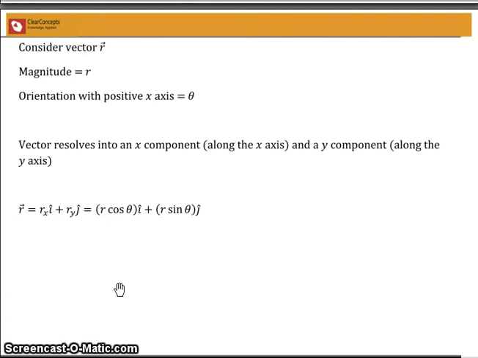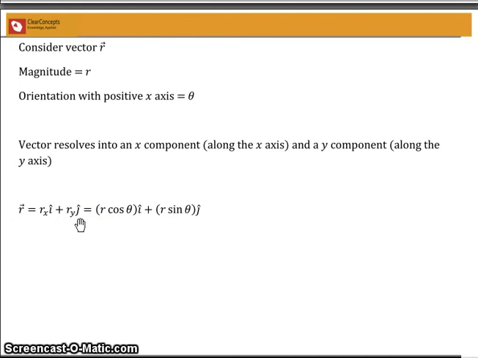So consider a vector r bar. Let's say its magnitude is r and its orientation with the positive x-axis is theta. The vector resolves into an x component along the x-axis and a y component along the y-axis. Okay, and then we can say that r bar is rx, the x component, i hat, plus ry, which is the y component, j hat.